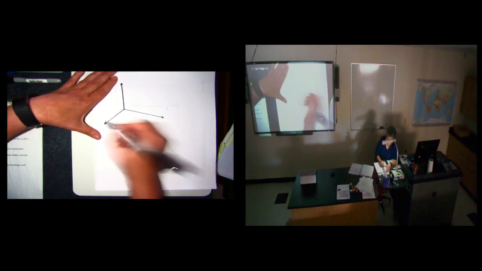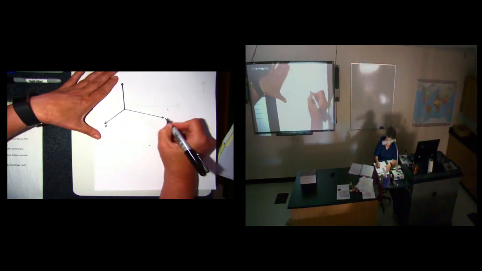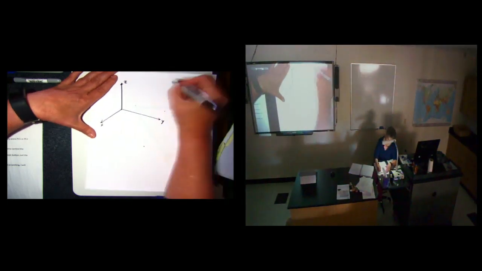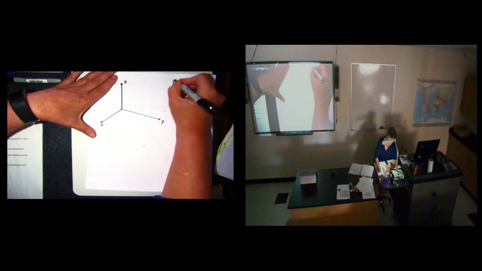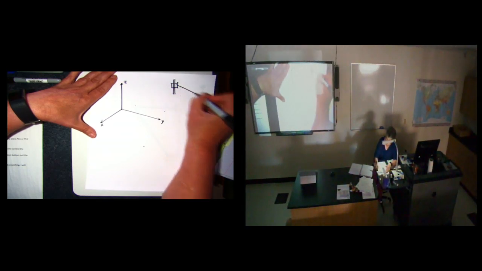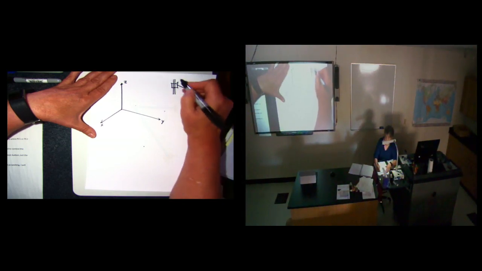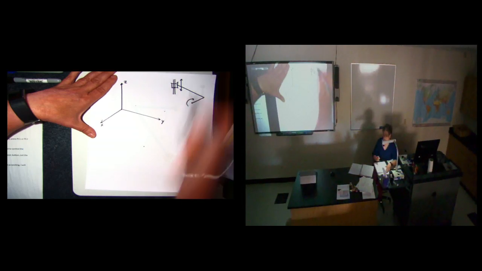Okay, so I'm going to use this as an X coordinate, a Y coordinate, and a Z coordinate. We've got a part that's got a collar on it. Okay, and this collar is connected to a crank. And the crank, so as I rotate this crank, this collar can go up and down.